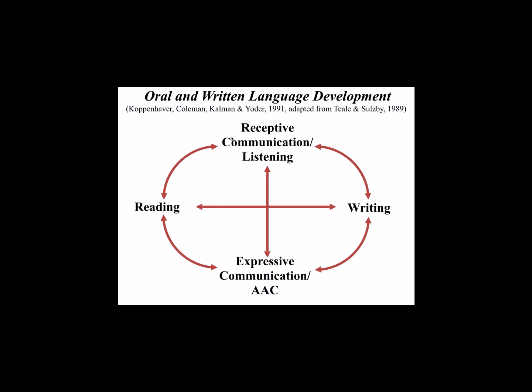And we talked last week more about the connections between being able to understand spoken language, being able to express spoken language through a visual system, like a communication system, and being able to engage with visual language in the form of reading and writing.